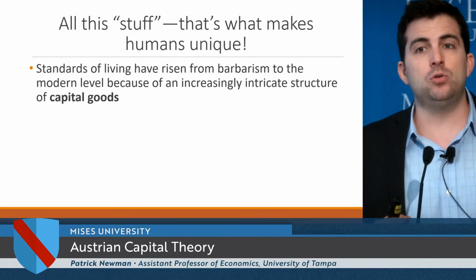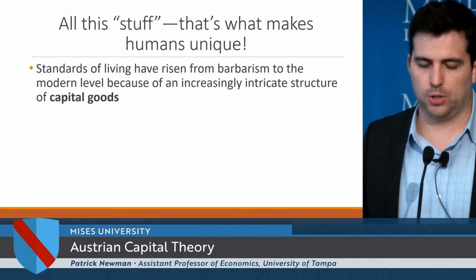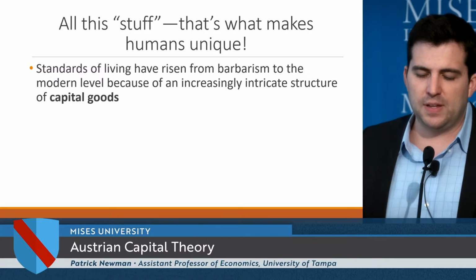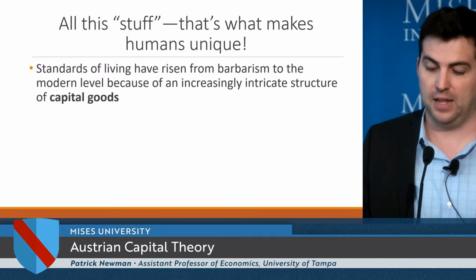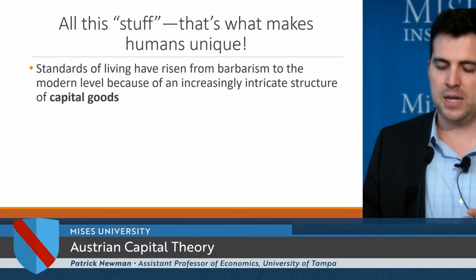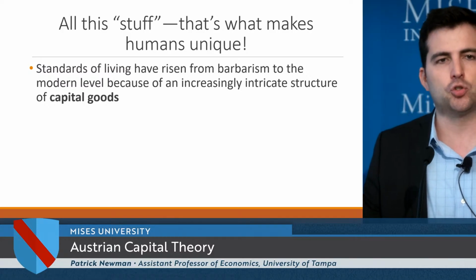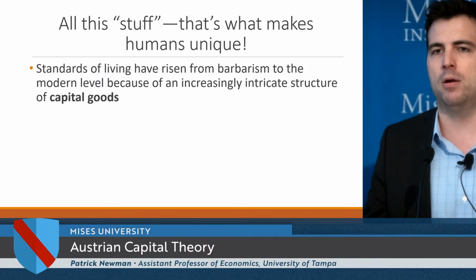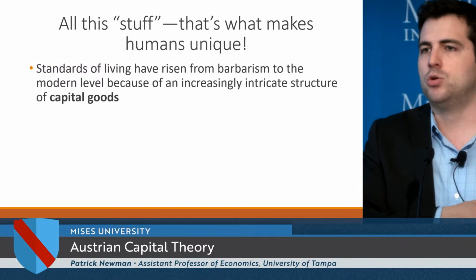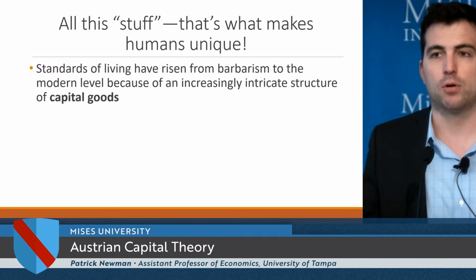And that we continually create better and better capital goods. So standards of living have risen from barbarism, a very primitive lifestyle, to the modern level because of an increasingly intricate structure of capital goods. Your living standards are higher than your parents', which are higher than your grandparents', and so on, right? And we all know this.